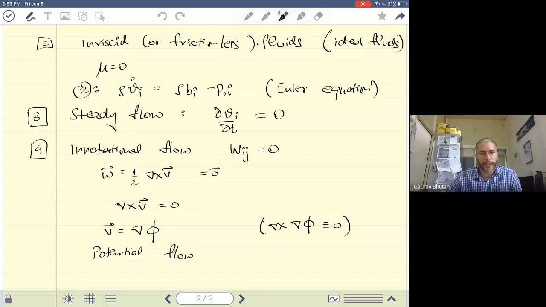Okay, the word potential comes from the sense that the velocity vector field is because of a difference in phi at two adjacent points. So that's the meaning of gradient. That's del phi by del x1 e1 plus del phi by del x2.